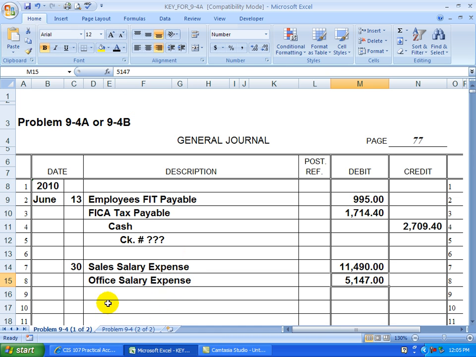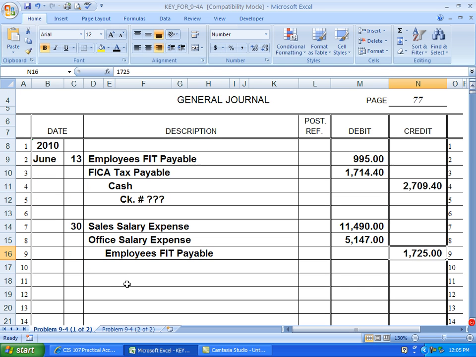Now the deductions are as follows. There's employees' federal income tax, and that's based on your taxable earnings, your marital status, and your number of exemptions that you claim. In this case, it came out to $1,725. That was kept out of the workers' paychecks. Now, the employees' Social Security tax deducted and the Medicare are listed there.